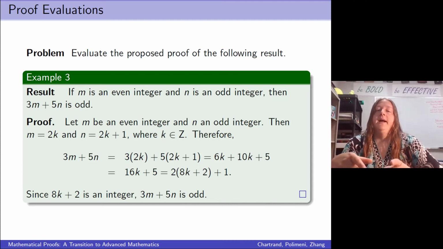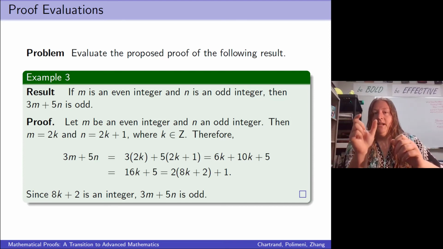Let's take a look at the definition of even and odd when we set it up with m equals 2k and n equals 2k plus 1. Since we've used the same variable k in each of those equations, what I really have is m is an even integer, and n is the odd integer that follows that even integer.